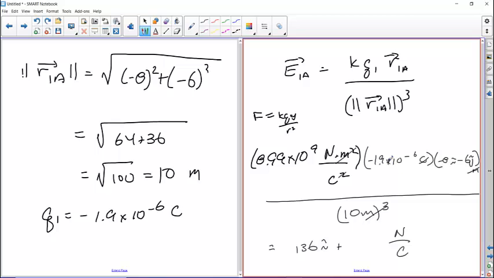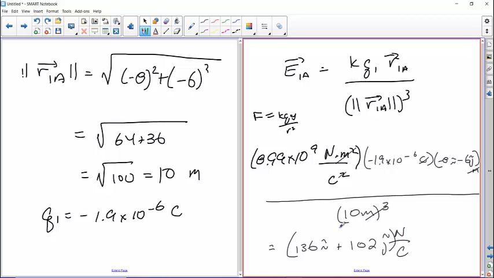Okay, so all I need to do is change the 8 to a 6. Hold on just a second. Seems like I've got an extra negative in there somehow. Let me just pause for a second. Okay, that's right. Negative here, so I'm going to get a negative 6 there. So I'll get a positive 102 J newtons per coulomb.